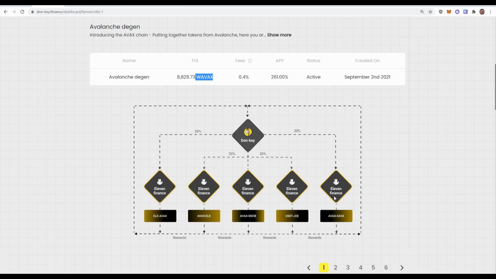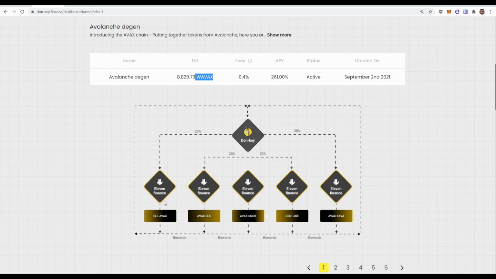If you're putting in AVAX and ELE at a 50-50 ratio, that means that if ELE is going up, you will end up with more AVAX in that pair. And the other way around, if AVAX is appreciating against ELE, you will end up with less AVAX in your pair. So that is something to keep in mind.